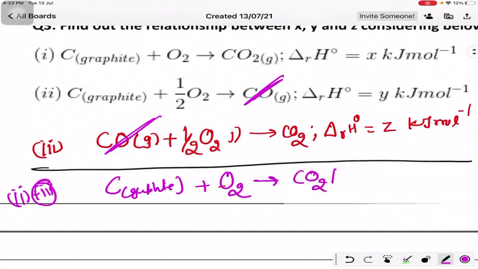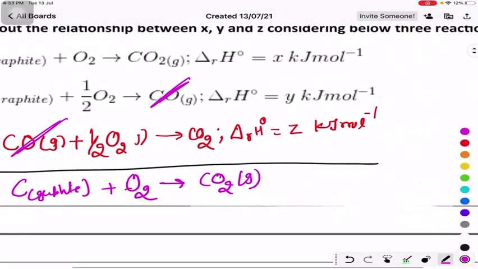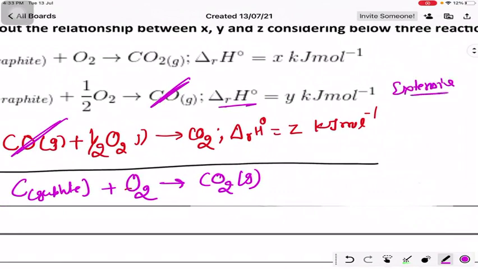In similar way, because delta H is extensive property, it can follow mathematical addition subtraction rule. So we have to just add this equation. Let it be delta RH naught dash and this is equal to Y plus Z kilojoule per mole.